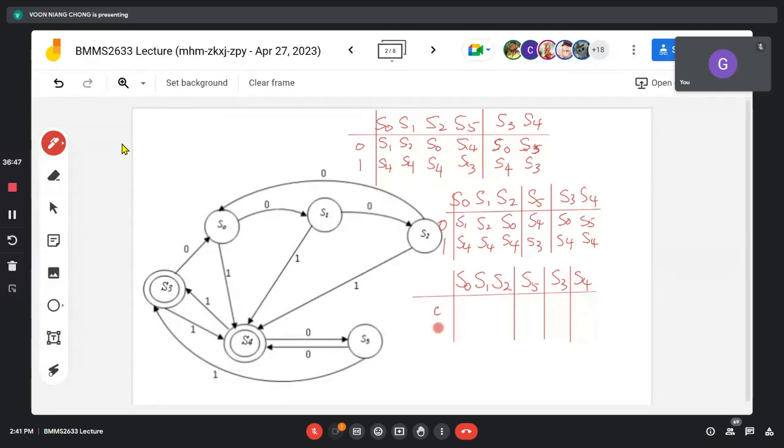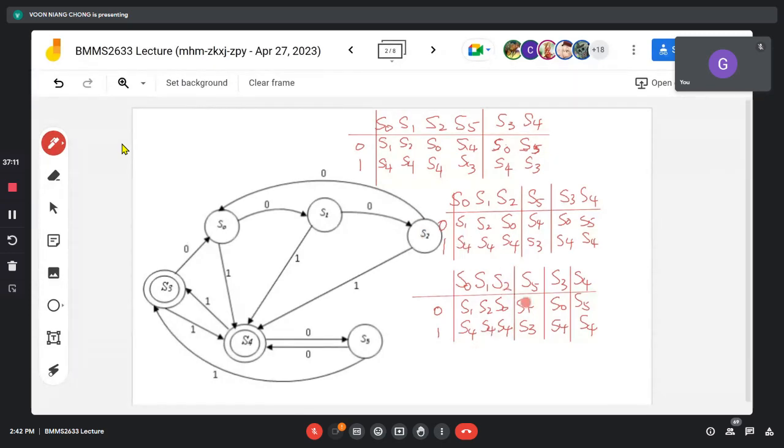And here we have 0, 1. In this case, we have 1, 4, 2, 4, 0, 4, 4, 3. S3 is 0, 4, then 5, 4. So you can see that all remain in the same class already after input 0 and 1.